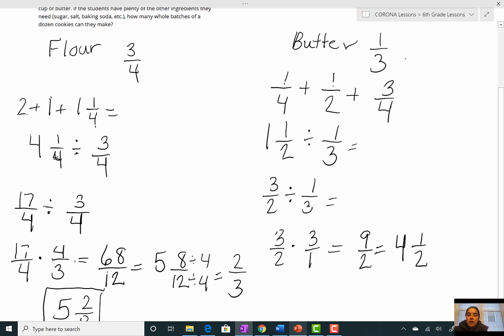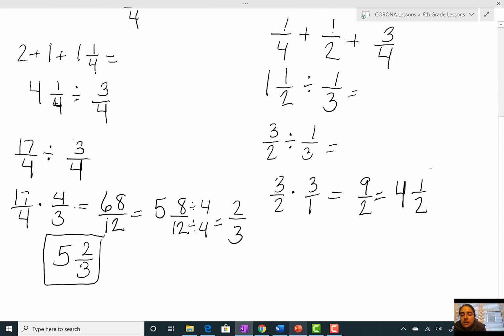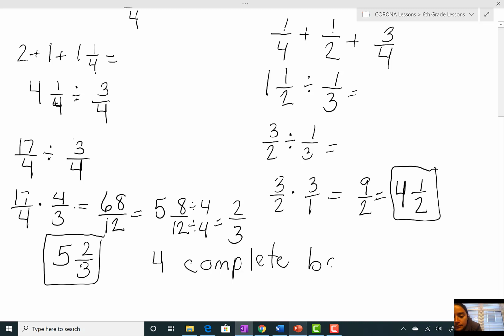So here, with the amount of butter I have, I can make 4 1/2 batches. But the problem is asking, given both sets of ingredients, how many complete batches can I make? Well, I can't make 5 complete batches because I don't have enough butter, so I can only make a total of 4 complete batches.